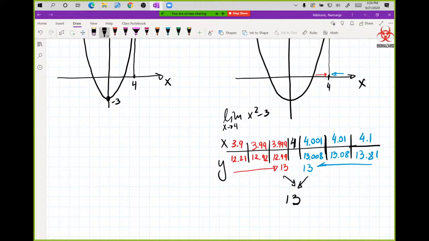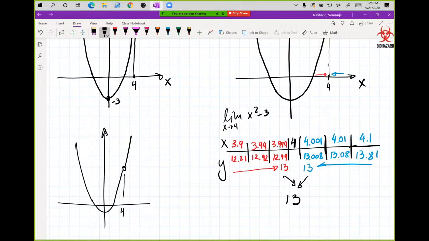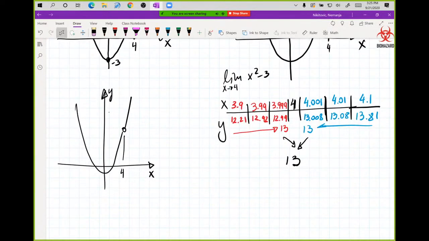So if I had a function that had the open circle like this at 4, right? And you had your graph. Pre-calculus now for f of 4 would have to say does not exist, DNE.